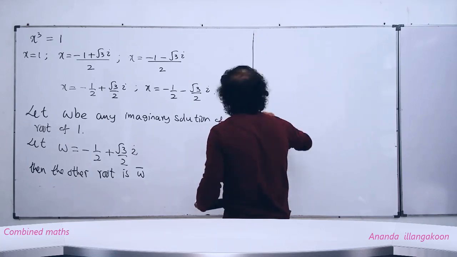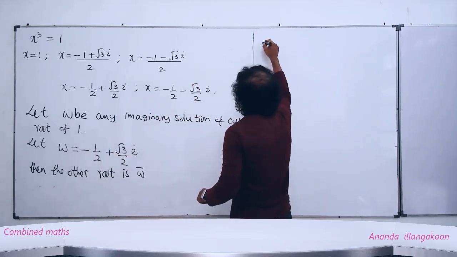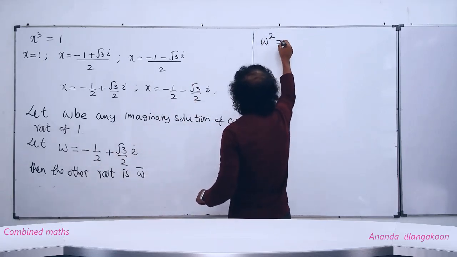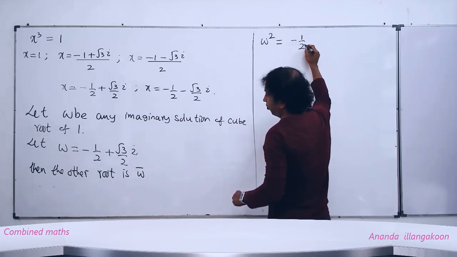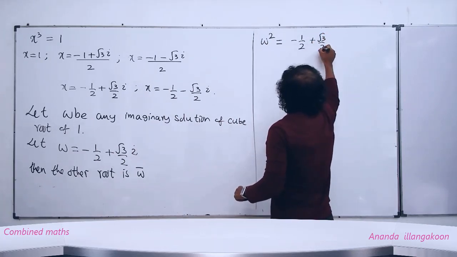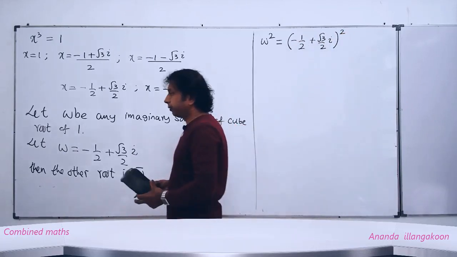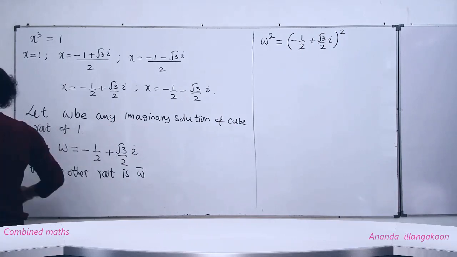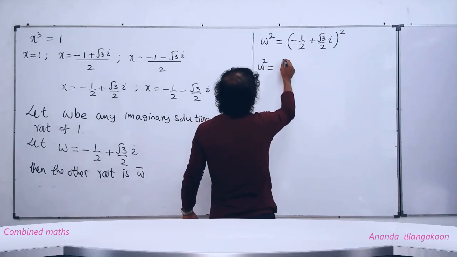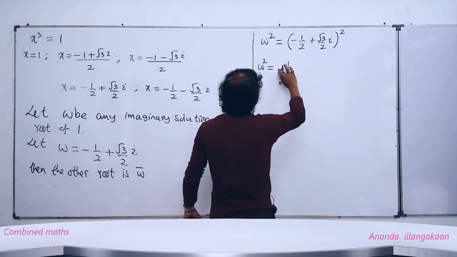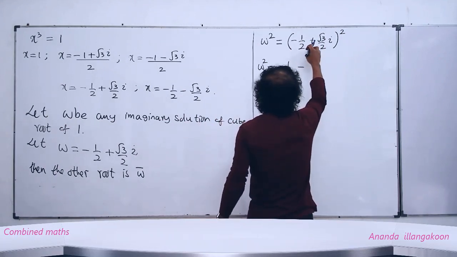Right. Then people, the other thing is this. See here. I took this as our omega. I am going to take omega squared. Omega squared means minus half plus root 3 by 2 i, square this, and simplify this. What do you get? Omega squared is 1 by 4 minus, what do you get here? This into 2, no?